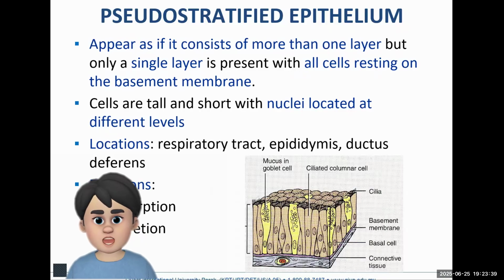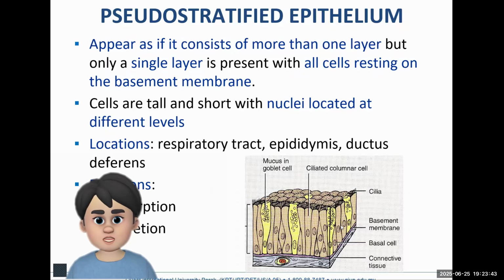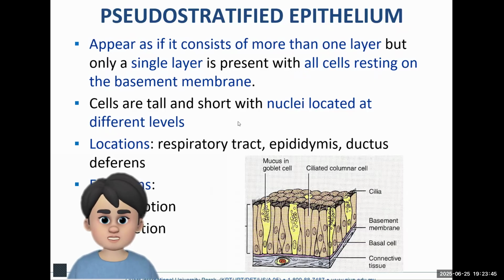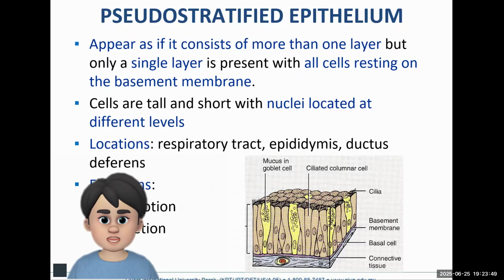Pseudostratified epithelium. Even though it looks like two cell layers, actually it's one cell layer. That's what is called pseudostratified. It appears as if it consists of more than one cell layer, but only a single layer is present, with all cells resting on the basement membrane. You have to know why it is special: cells are tall and short with nuclei located at different levels.